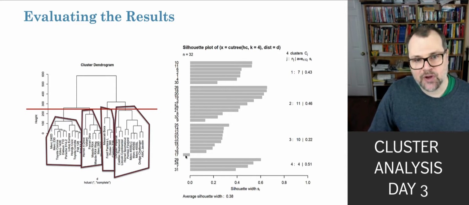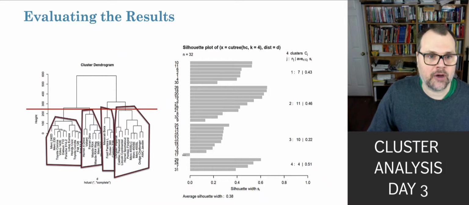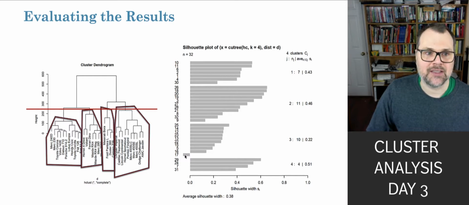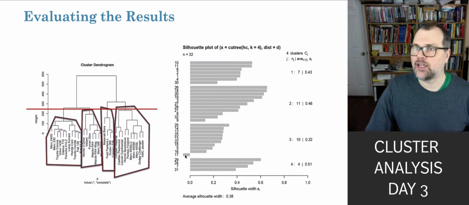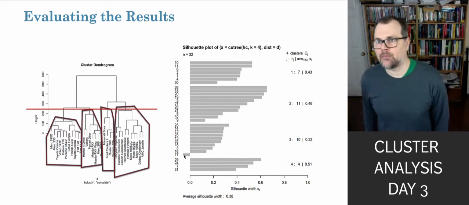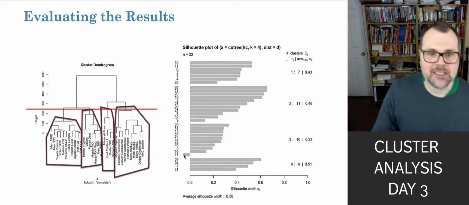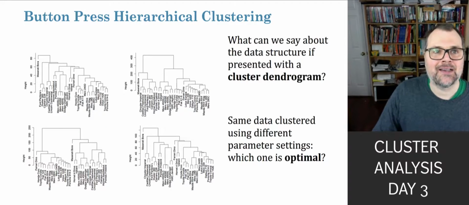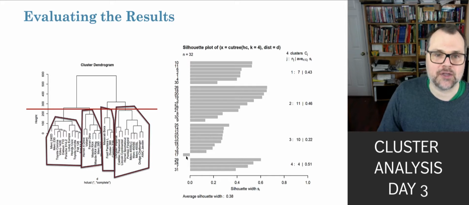One of the silhouette values, however, for observation 17 is negative. It is not where you would expect it to be, right? So this negative value, and I'll explain to you how you compute the silhouette metric later, is basically saying this one is not in the right cluster. It's not where you would expect to see it.